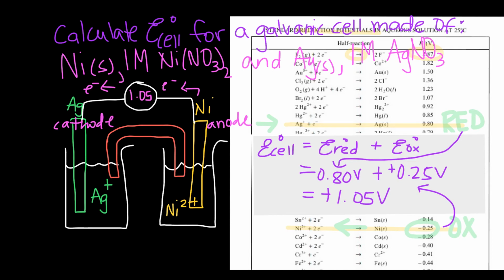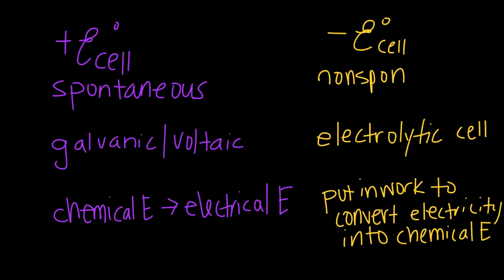So here we did a picture and we calculated our cell potential. This slide summarizes the difference between a positive cell potential and a negative cell potential. As we've already talked about, a positive cell potential means it's a spontaneous reaction. It's going to occur without any outside intervention. It goes by the term galvanic or voltaic cell.